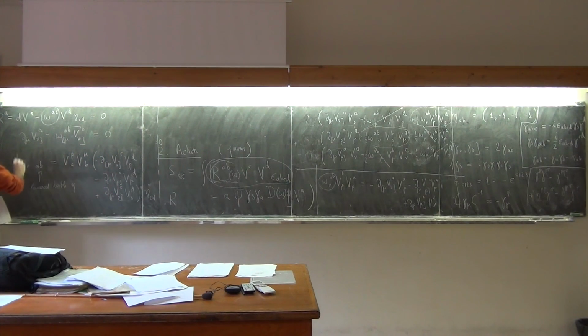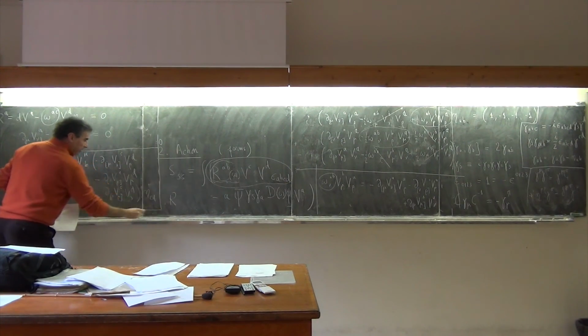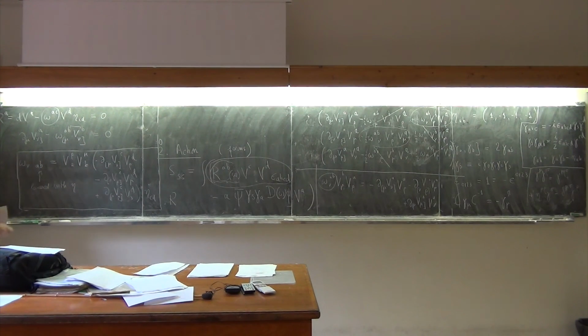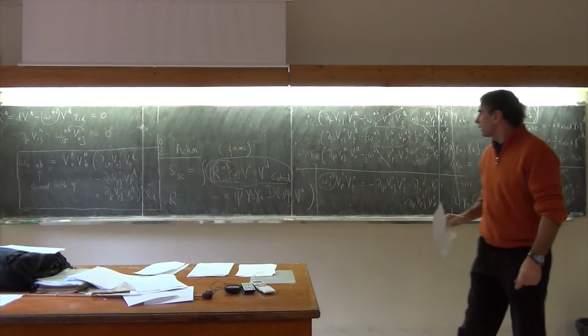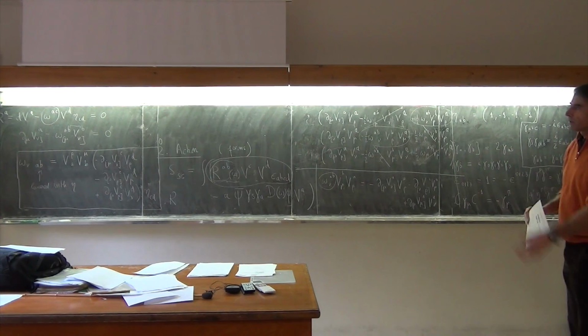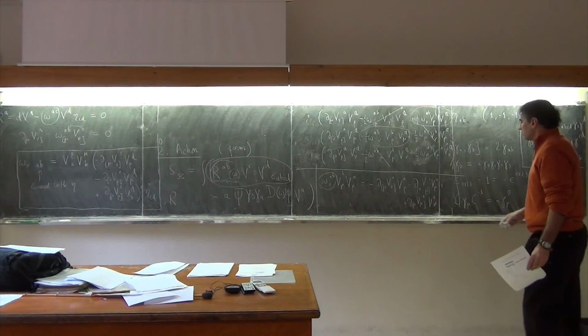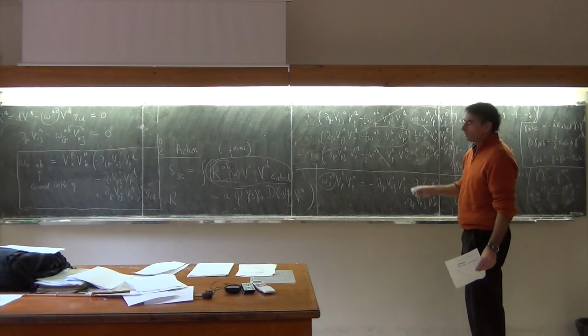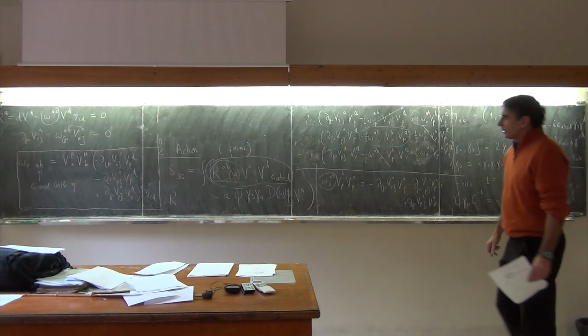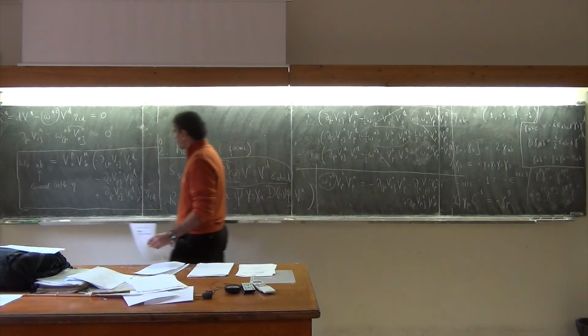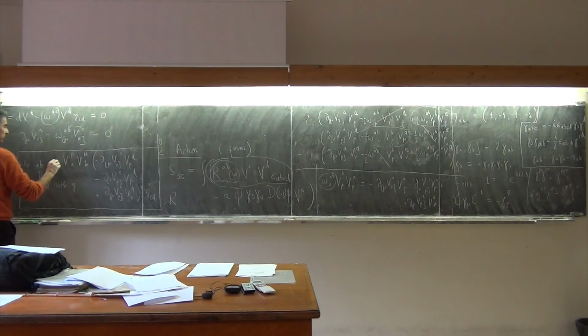That's it. This is the formula that gives me the spin connection in terms of the fieldbein and the inverse fieldbein and its derivatives. It's a bit tedious, but this is the trick one always uses to go from the torsion equation equal to 0 to the second order formalism that allows me to express the spin connection in terms of the fieldbein. Yes, an explicit expression of omega in terms of the fields.